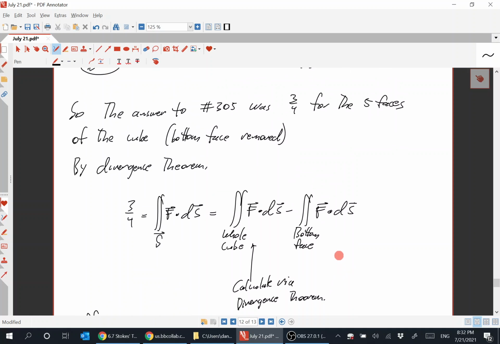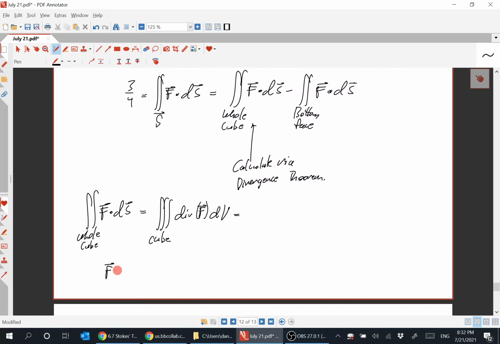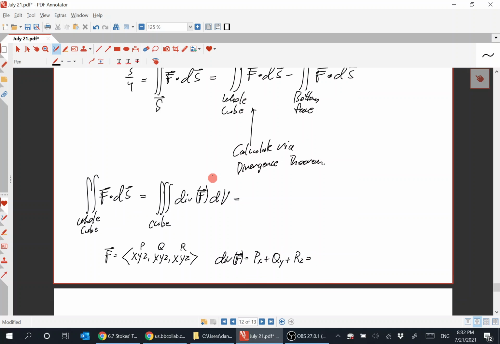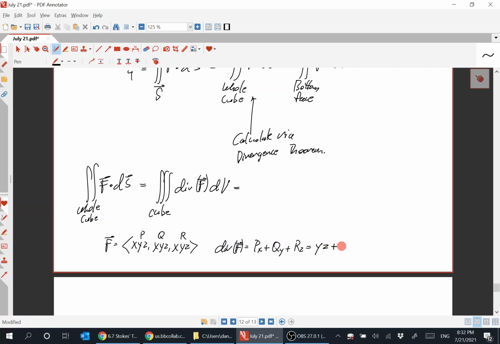And what's the divergence of F? So F was equal to xyz, xyz, xyz. So the divergence of F, with components P, Q, R, is the derivative of P with respect to x, plus the derivative of Q with respect to y, plus the derivative of R with respect to z. So this is yz plus xz plus xy.